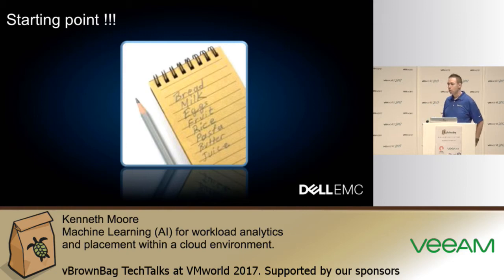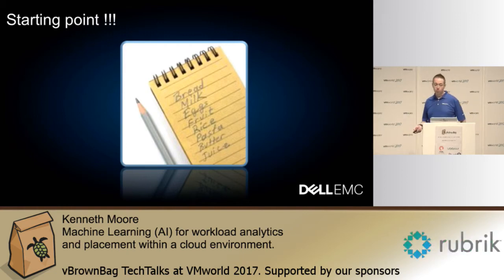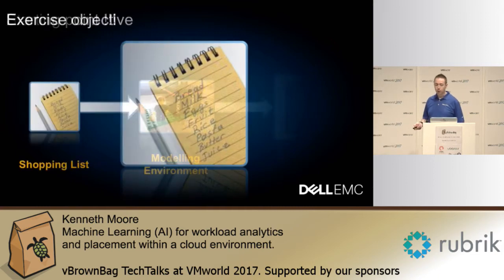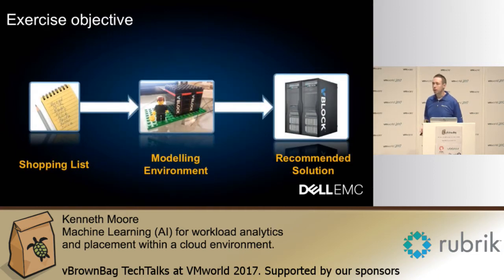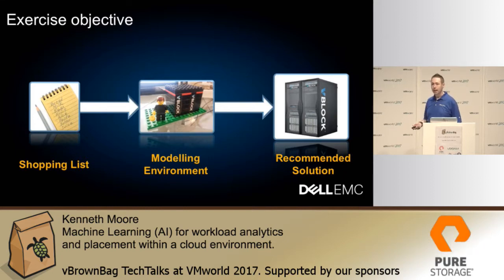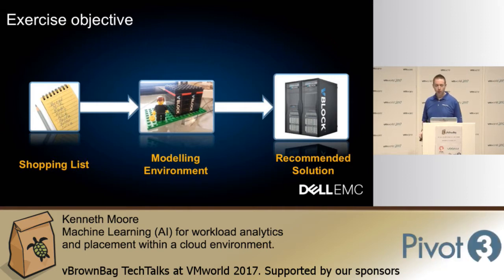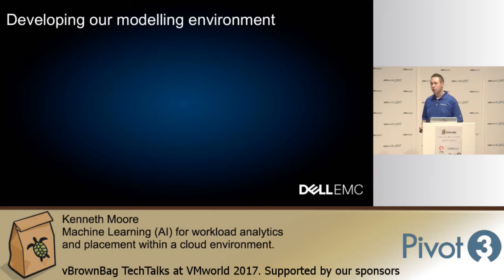So, where's our starting point? Our starting point is our shopping list, right? We take that shopping list and put it through a modeling system. Out of the other side of the modeling system, we want to get a solution that provides the benefits that the shopping list has asked for. We're going to develop a machine learning artificial environment around that whole problem.